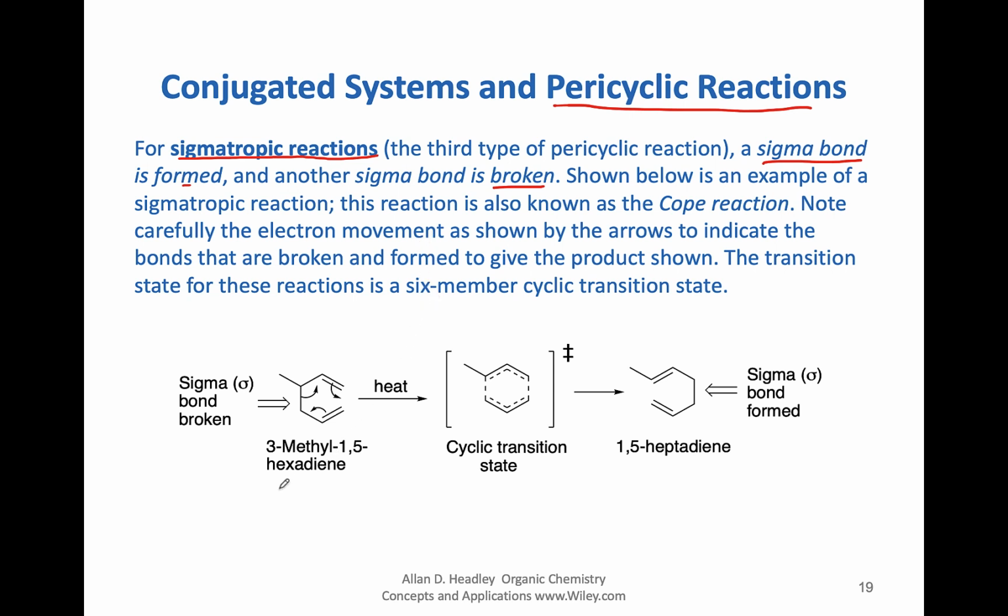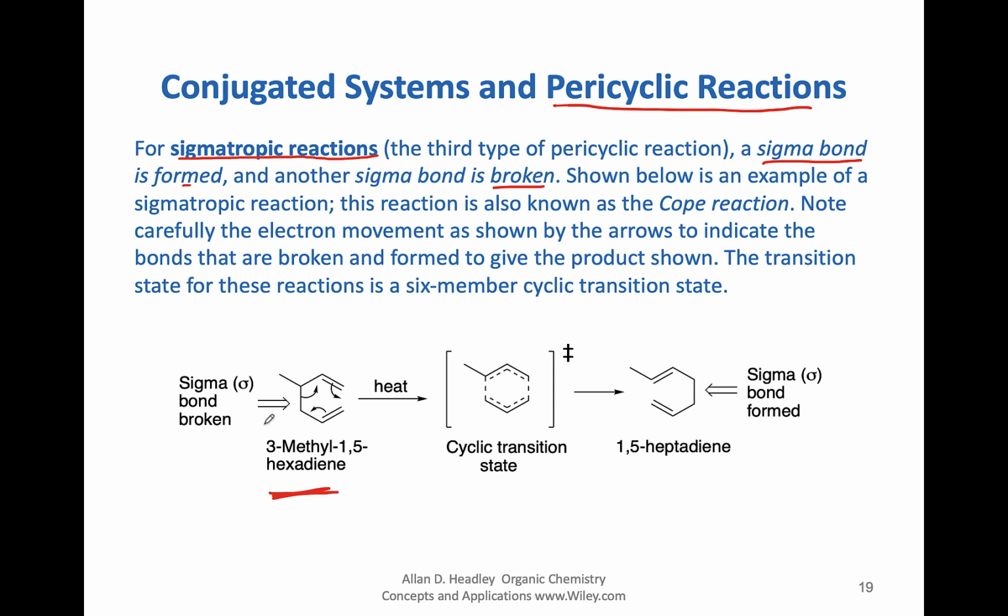This system here, let's use this as an example. This system here is not a conjugated system, but it has double bonds. So here we can see, here's a sigma bond here, and here's none. In the product, here's a sigma bond, and here's none.